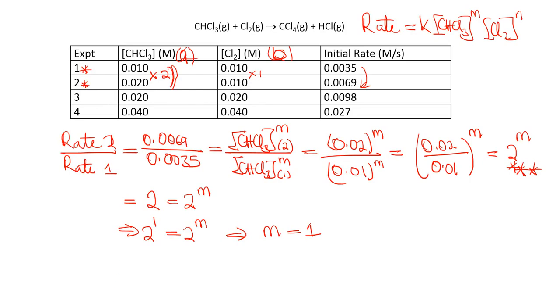So what we are saying is, for this reaction, we have rate is equal to K [CHCl3]^1 [Cl2]^N. But now we don't know what the N is.